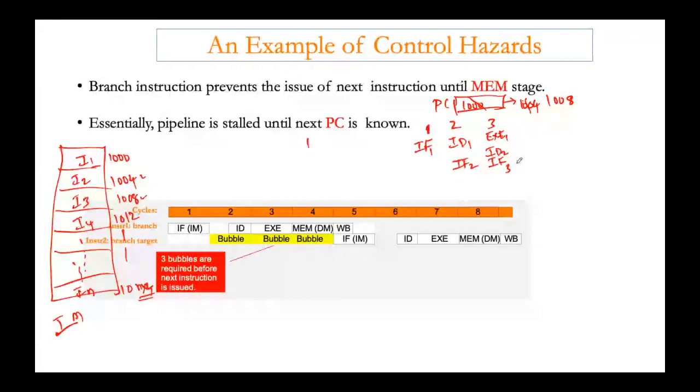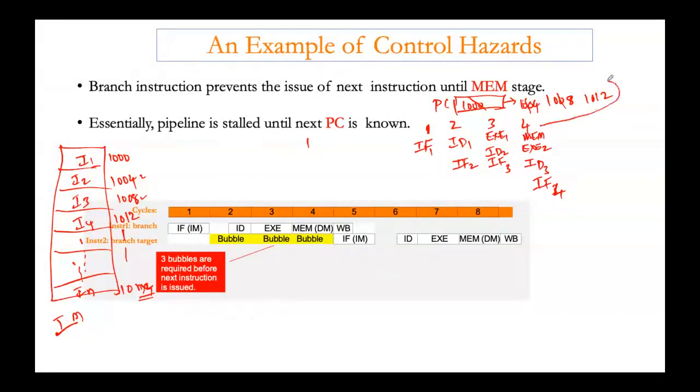At the fourth cycle, as soon as the third instruction is fetched, the program counter automatically increases to the next address, 1012. The fourth instruction will be fetched here. The third instruction gets into the instruction decoding stage, the second one enters the instruction execution stage, and the first one gets into the memory stage.